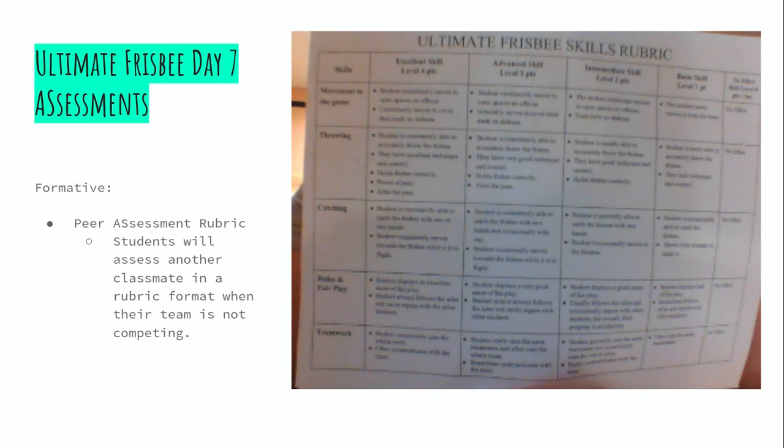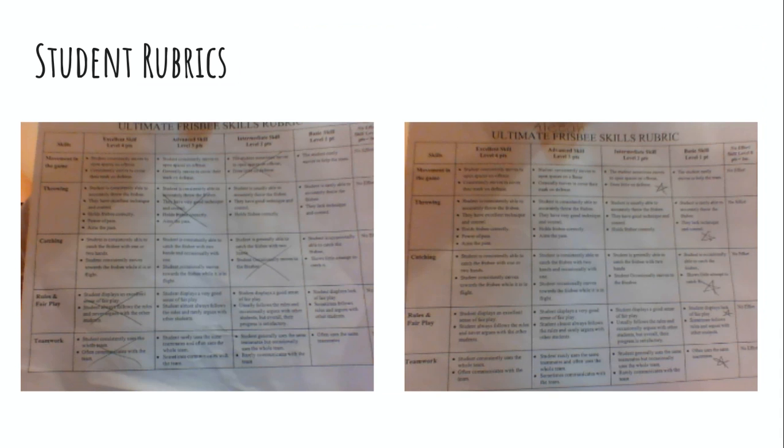Each team was assigned a different team, and they went through and rated their classmate, a specific person they were in charge of. They rated that person with this rubric.